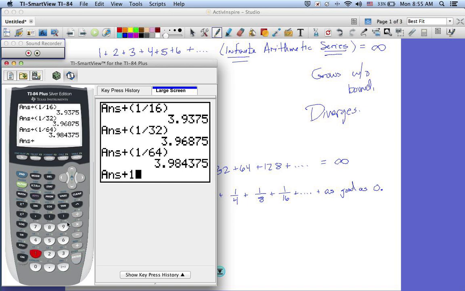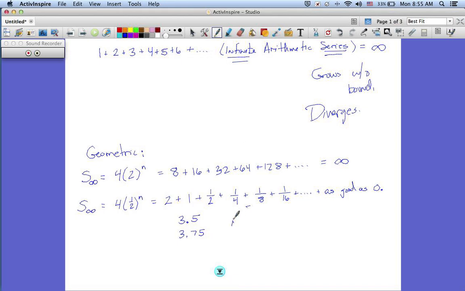A 64th, let's add a 1 over 128. 1 over 256. Okay, it's getting there, but it's not growing quickly, and in fact, it's growing at a decreasing rate. I think we all see it's increasing, but it's increasing at a decreasing rate.